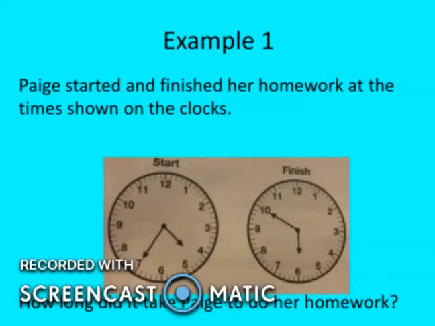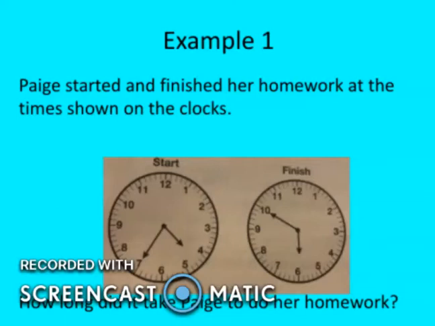So we first have to find the start time. Now, we have been learning to read clocks for a couple of years now, and in third grade we learn to read a clock to the nearest minute. So the first thing that we're going to do is find out what the start time is for her completing her homework.